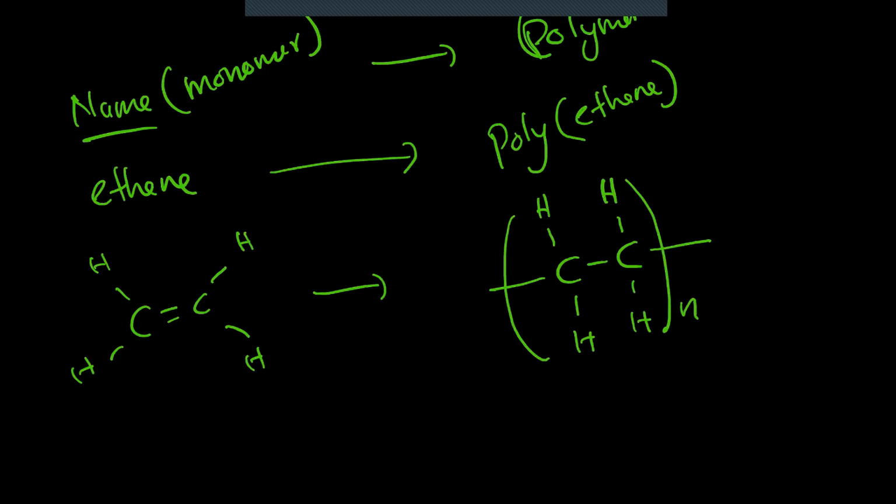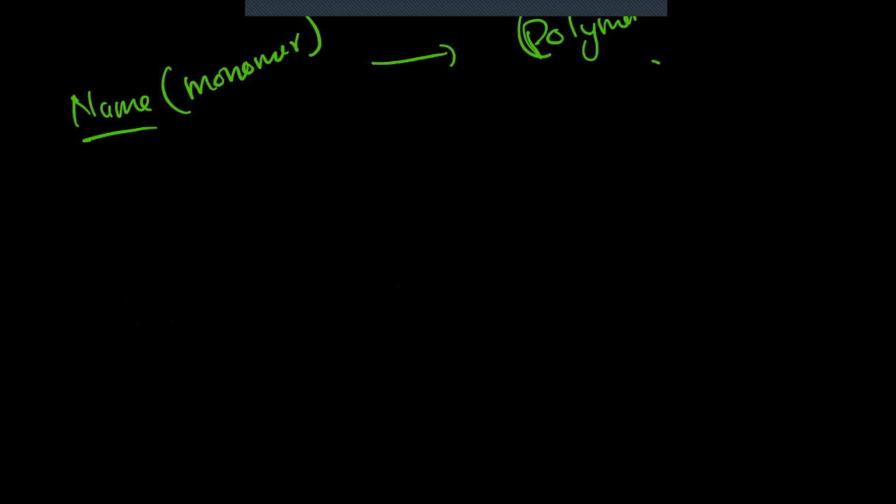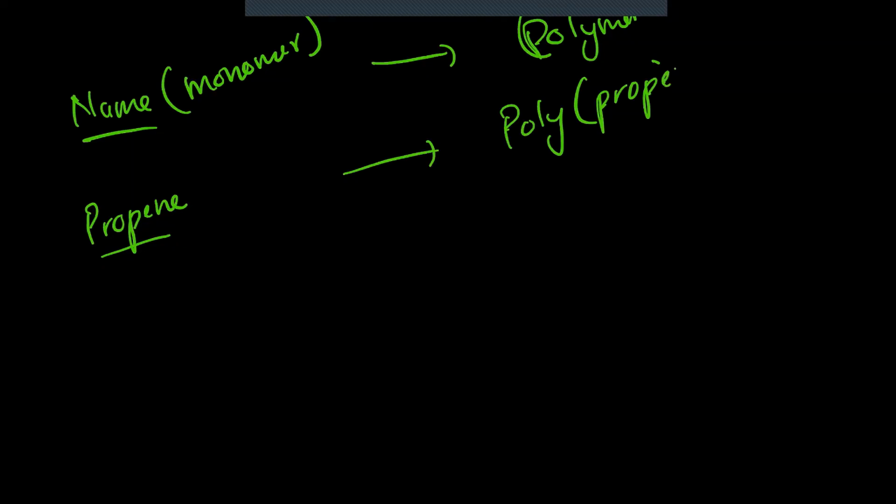Okay, let's take another example. Here, instead of ethene, let's take propene. For propene, we include poly with the bracket, propene, so polypropene. When you draw the structure of propene, it will have 3 carbon, with the double bond at the last carbon, then all the other hydrogens.